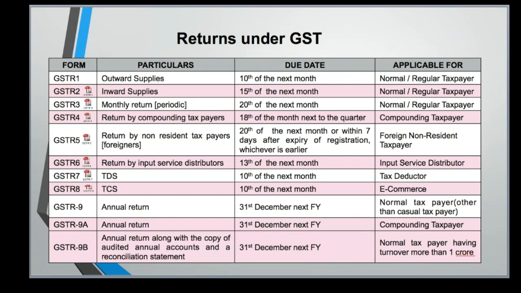So the basic threshold is always available to you if you are doing job work and your turnover is below 10 or 20 lakhs respectively. But your recipient, if he is registered, then he would be liable to pay GST under reverse charge mechanism under 9 subsection 4 on the sale.